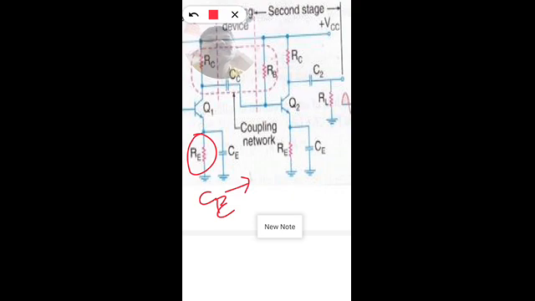So to avoid the effect of negative feedback and to provide the necessary gain, we have this emitter capacitor, which acts as a bypass capacitor, bypassing the amplified AC signal. So it reduces the effect of negative feedback. These are the purposes of each component in the circuit.